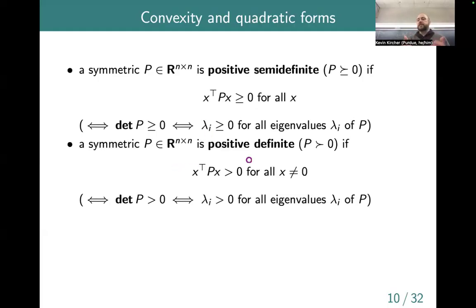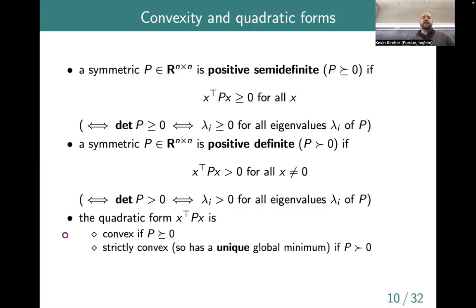And then a stricter version of that is what's called positive definite. This is like a strictly positive number, the generalization of that idea to a matrix. Here we have the same definition, but now we restrict the vectors x to be non-zero, so not all elements of x are equal to 0, and we get the same thing with strict greater than signs rather than greater than or equal to.